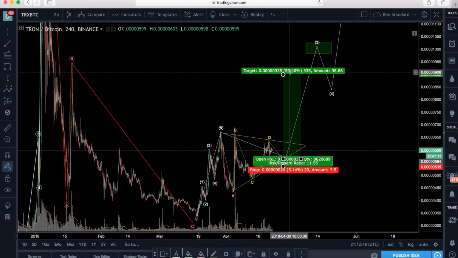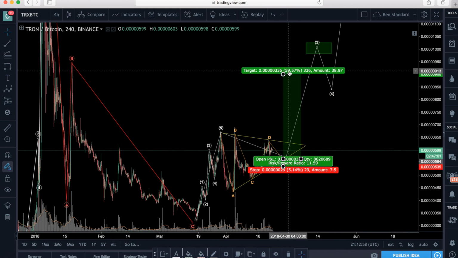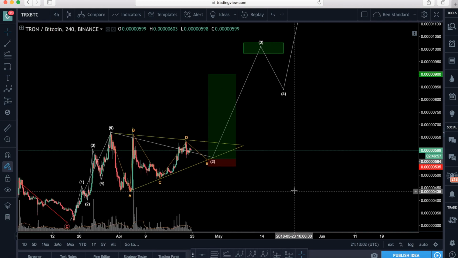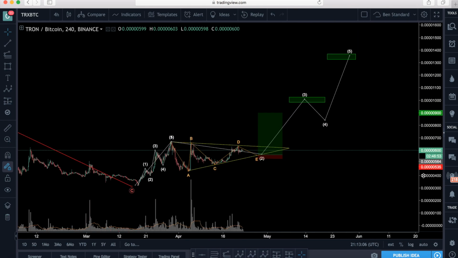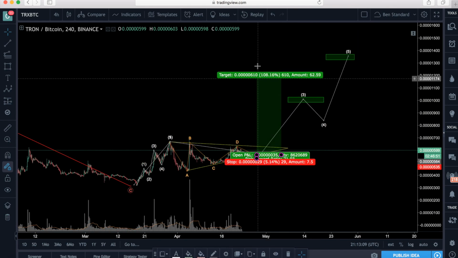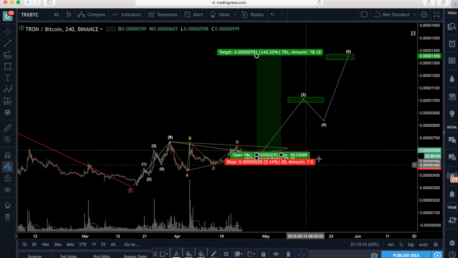You can see that the risk to reward ratio is really good. We're risking 5%, but we can win 60%. And if you wanna play the even longer trend, then you can target this area, and we can win 140% and we lose 5%.